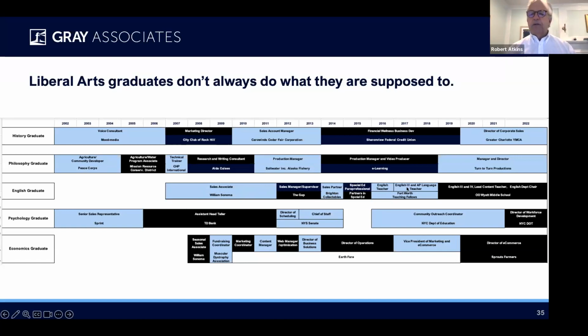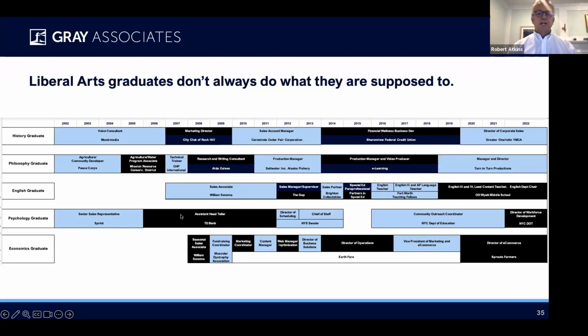And then it seems they found their path. They started in special ed, then went into teaching English, and now are the department head for the English program in a middle school. It's about 6 years into their career. They left sales and went into teaching and have stuck with that.